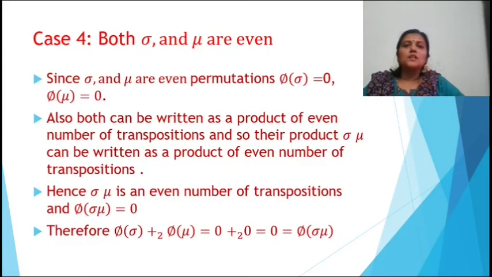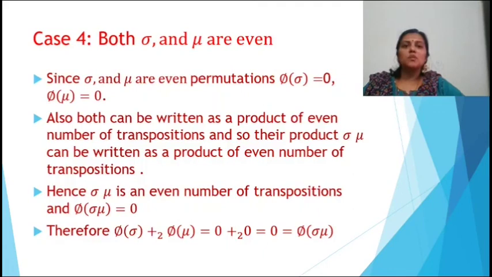Case 4, both sigma and mu are even. Since sigma and mu are even, we have phi of sigma is equal to 0 and phi of mu equal to 0. So both sigma and mu can be written as a product of even number of transpositions. So their product sigma mu can also be written as a product of even number of transpositions.